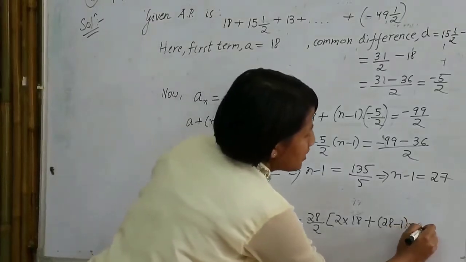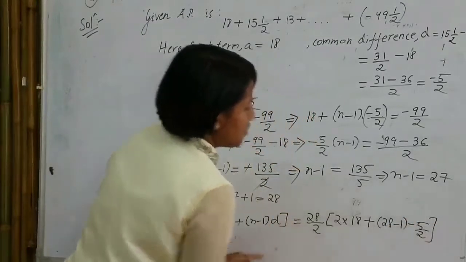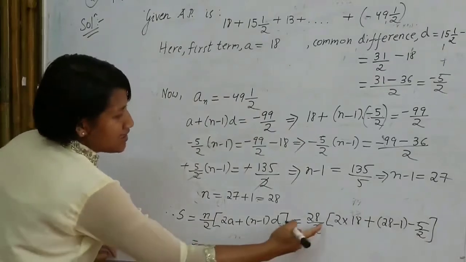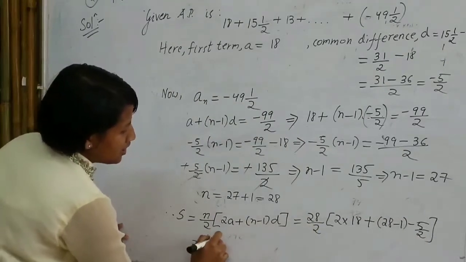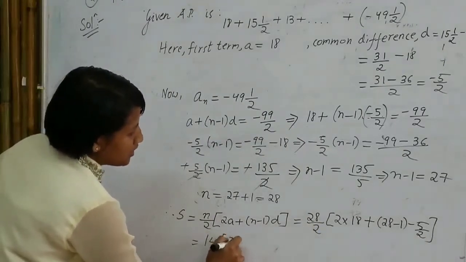This is minus 5 by 2. Then you can cancel this one, you will get 14. This one will be 36.